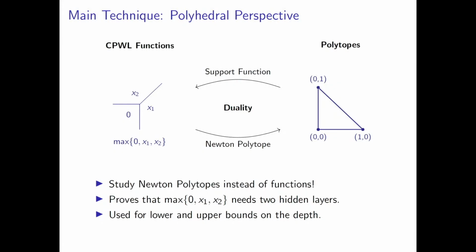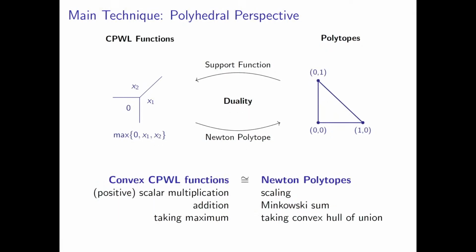Because if you're interested in the set of functions you can represent, given some ReLU operations, you can as well look at the set of polytopes you can generate starting from some simple starting polytopes like points, applying operations that correspond to whatever a ReLU neuron does, using this isomorphism here. I mean, a ReLU is basically positive scalar multiplication, addition, and taking maxima. So for each of these things, we know what happens in the polytope world.